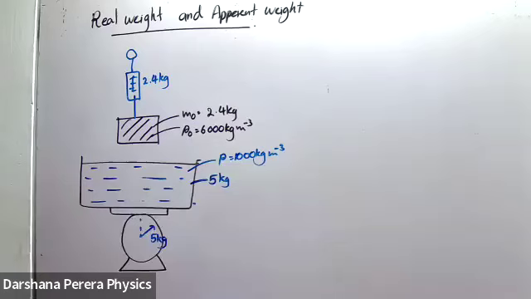Okay, the problem is: a water container having a mass 5 kilogram is on a compression balance. An object is hung using the spring balance, which has density 6000 kg per cubic meter and mass 2.4 kilogram. Then the object is immersed in the water.